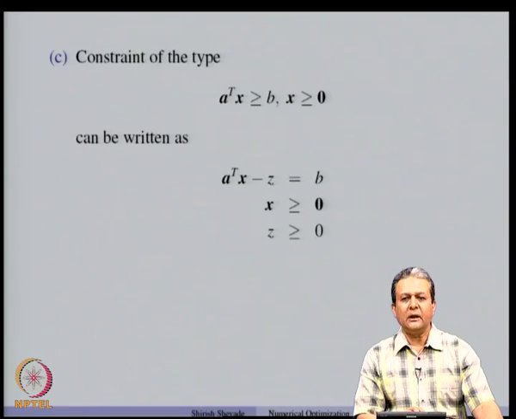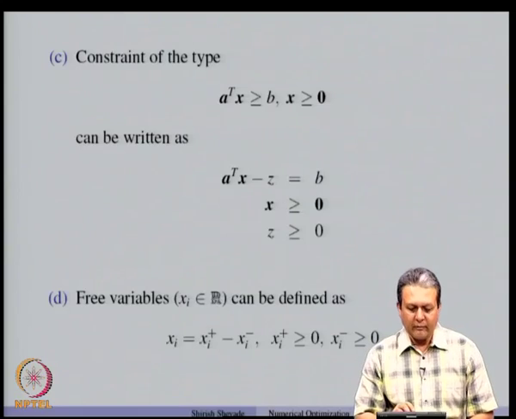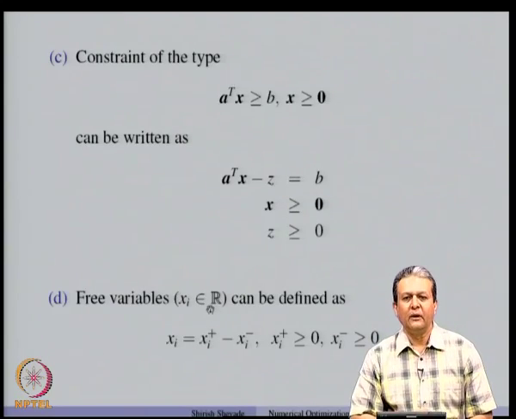Now, the only question that remains is what about the variables which are unrestricted in sign? The free variables, for example, xi belongs to R, can be defined using some extra variables.